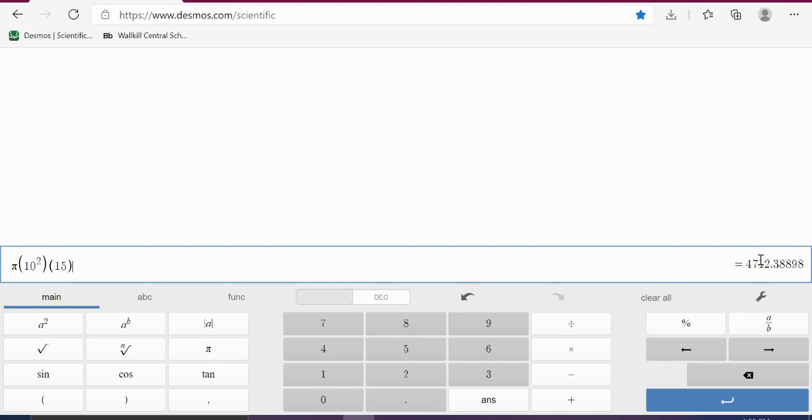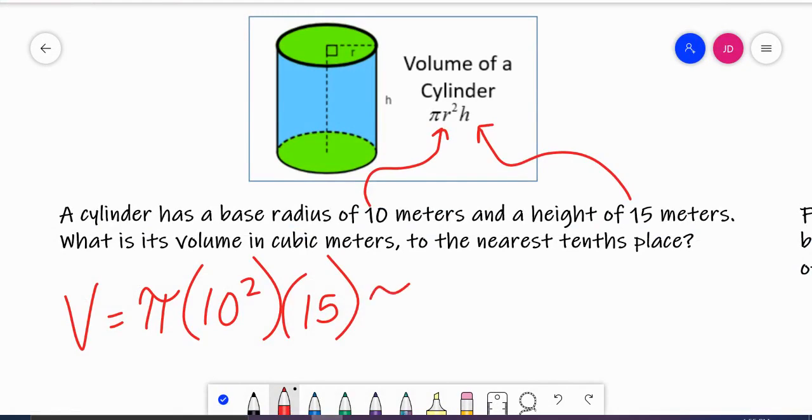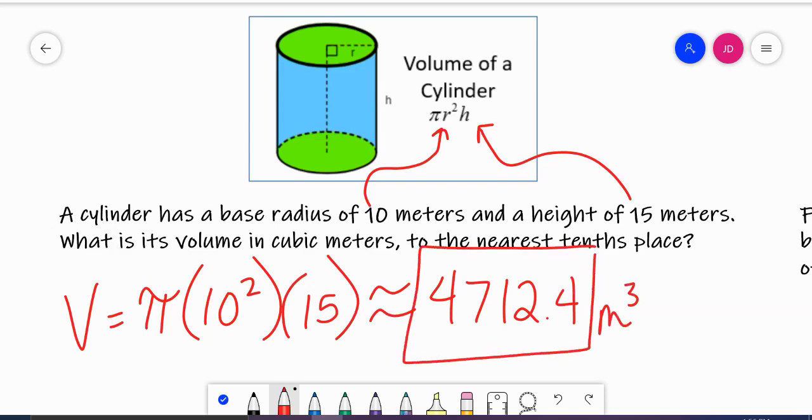That bumps this up to a 4. So it's 4712.4 meters cubed. There is my volume, rounded to the nearest tenth.